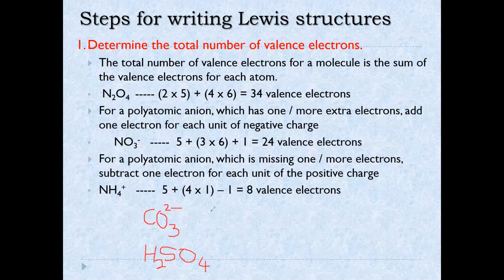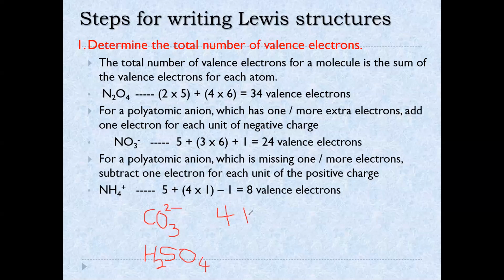Is that correct? Someone is writing 22. Is that correct? So it's 24. Carbon has 4 valence electrons.